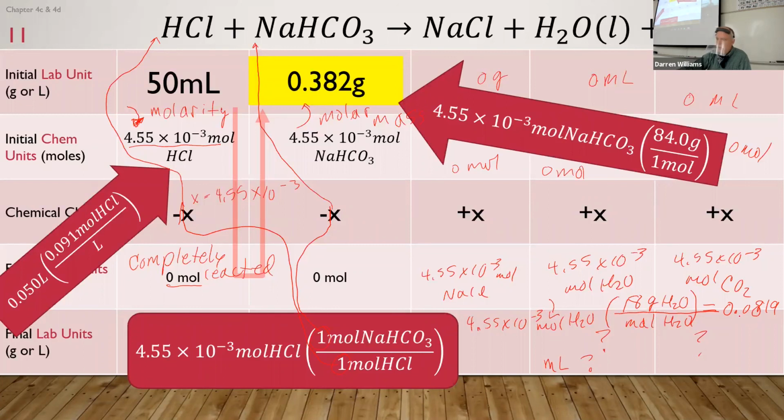So 0.0819 grams of water, and 1 gram of water is equal to 1 milliliter. So I could take that and multiply by 1 milliliter per gram, and I end up with 0.0819 milliliters. So not a whole lot of water, but we could calculate how much.